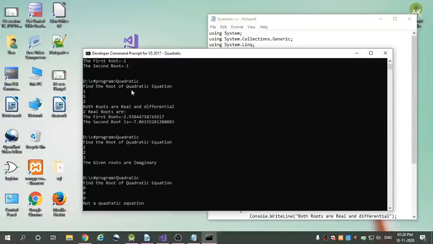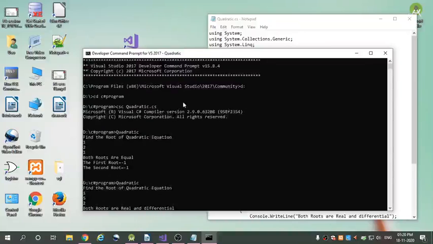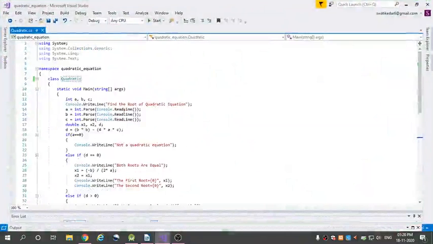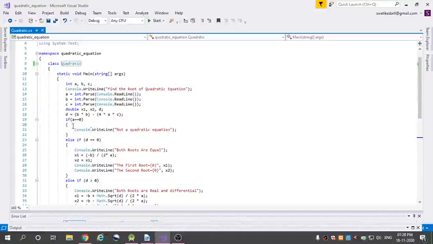You see here, not a quadratic equation. This is the execution on the developer command prompt. And you see here, if I enter 0, 0, then it executes this part, because I entered a as 0, so it prints not a quadratic equation. And thank you.